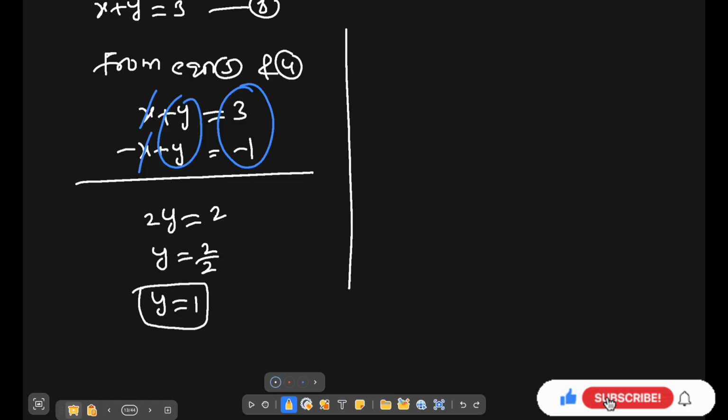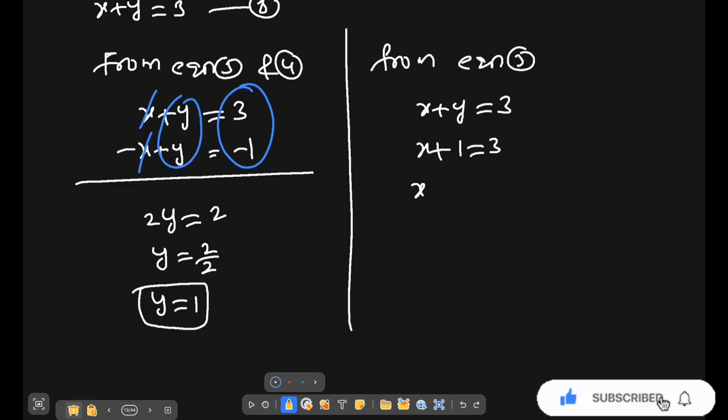So to find the x value, let's take equation 3. What is equation 3? x plus y is equal to 3. So substitute y value 1. So x plus 1 is equal to 3. Send 1 to the right side. Now x is equal to 3 minus 1.